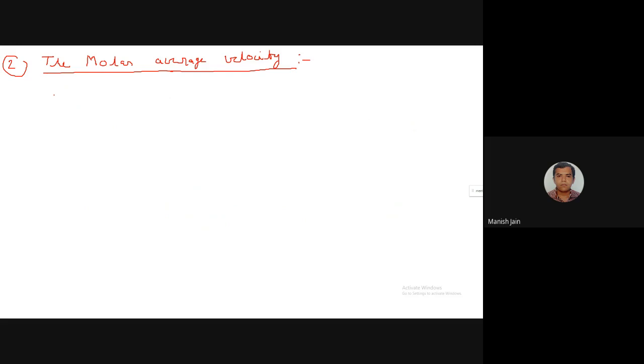Whenever you measure the velocity, you cannot measure the molar average velocity. You can only measure the mass average velocity. The molar average velocity can be calculated from the mass average velocity.